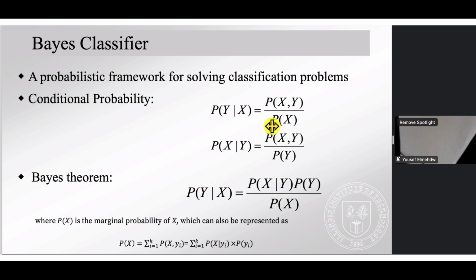I'm going to substitute the joint probability of x and y, which means the event where x equals a specific value and y equals another value, using the probability of x given y times the probability of y, and that's what we did.